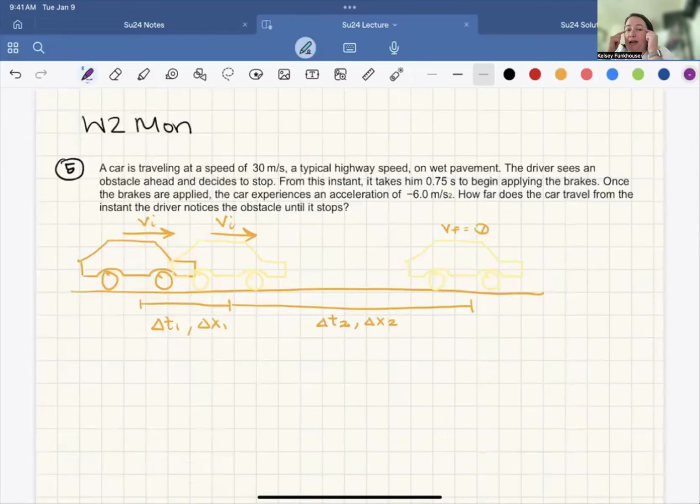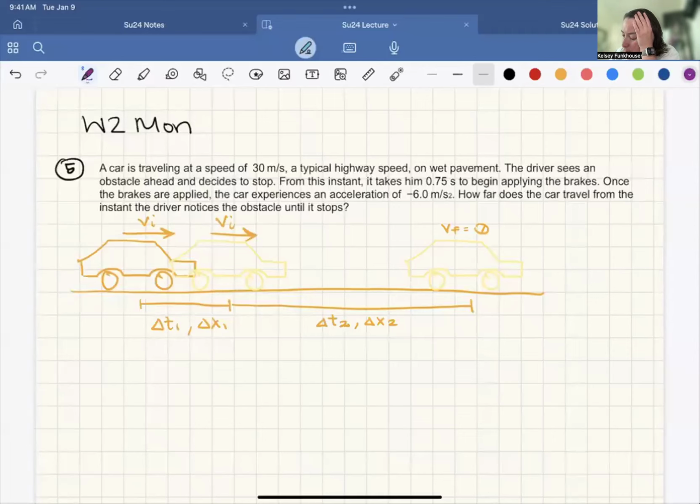The time it takes his brain to realize, oh, I need to stop, and then his body to actually initiate that process. But once the brakes are applied, the car experiences an acceleration of -6 meters per second squared. And we want to know how far the car travels from the instant the driver notices the obstacle until it stops.